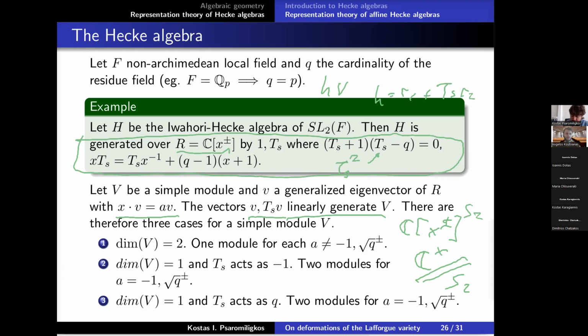Because, well, T_s squared is not a thing, it simplifies. And I can use this relation over here to carry elements of R from the one side of T_s to the other side of T_s. That's how you should think of these intertwining relations. We can pass elements from the one side to the other. So any element of H is of this form, in particular Hv is generated by v and T_s v.